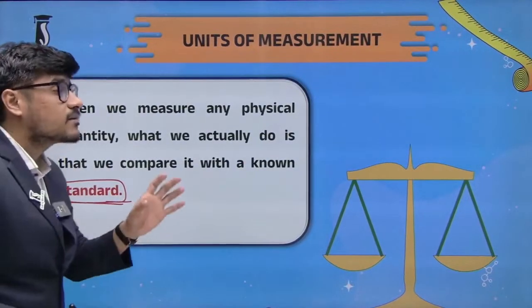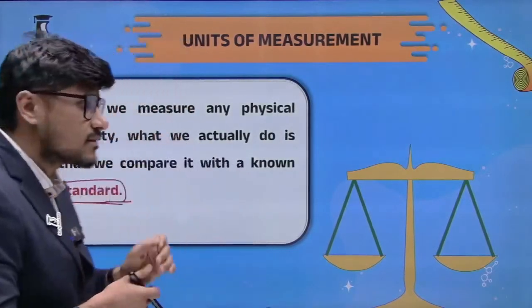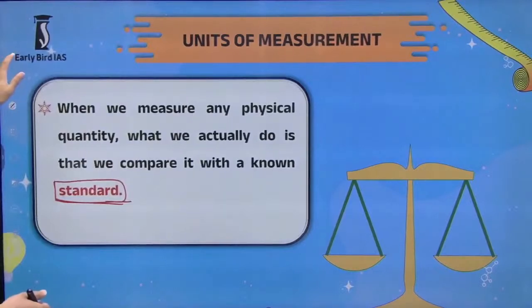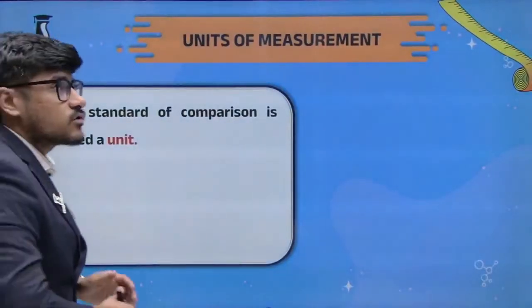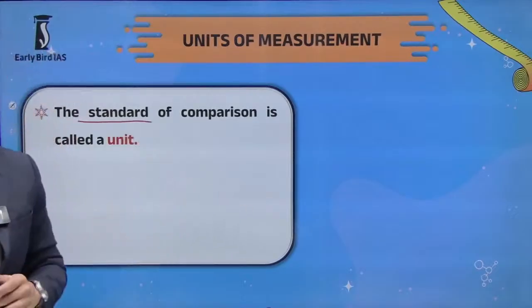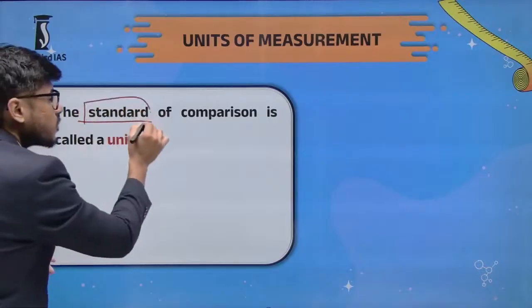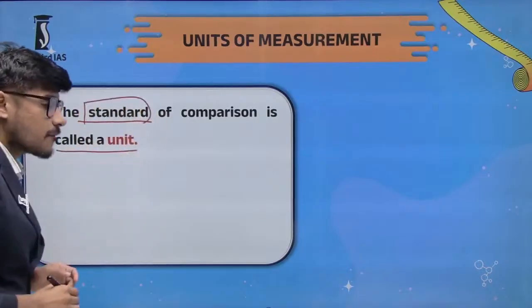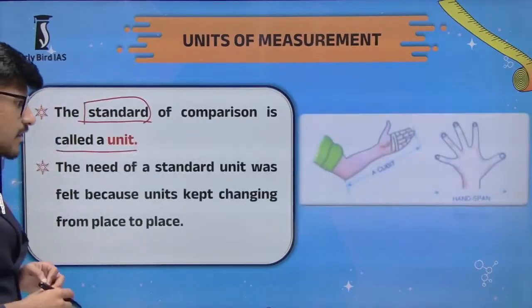And why do we need these standards? We'll discuss this in our lecture. The standard of comparison which we use to calculate a measurement is called the unit. Let me give you one simple example of a unit.